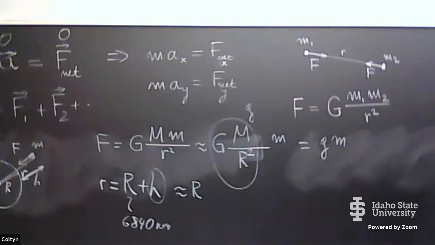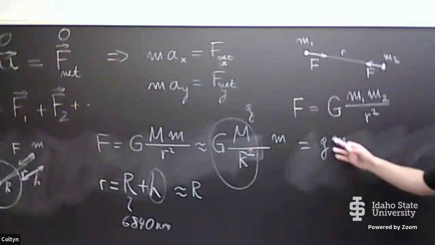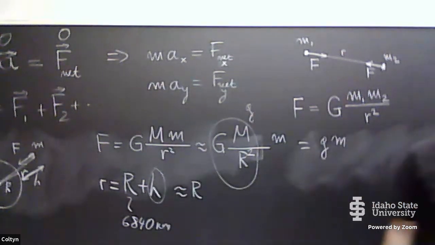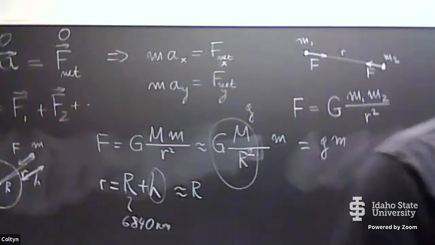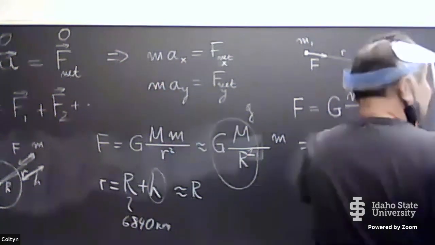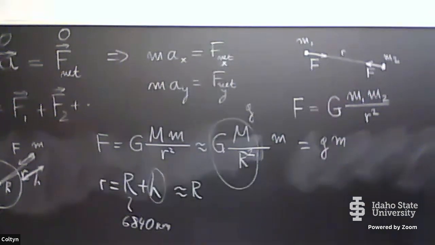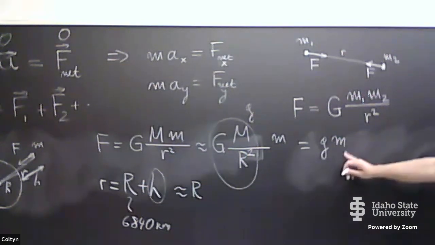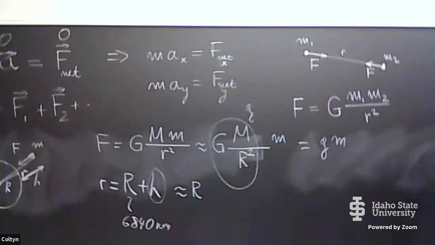Also, if you are flying very high above the surface of the planet, instead of 9.8, the value of the constant here in front of the mass is going to be a little bit smaller, depending upon how much farther from the surface you are located. But in general, the gravitational force that is acting on any object close to the surface of the planet is just the mass of that object times 9.8.